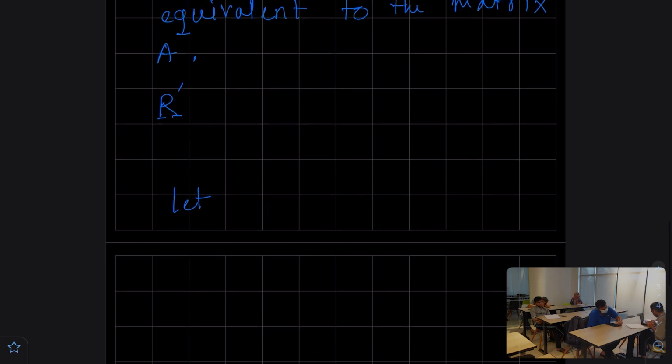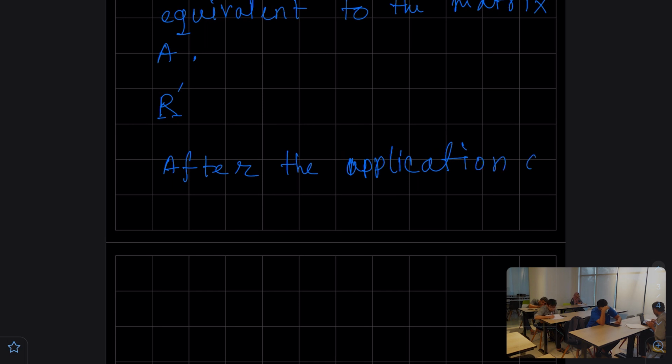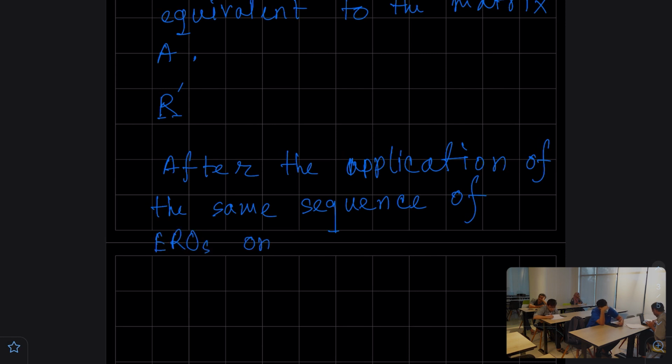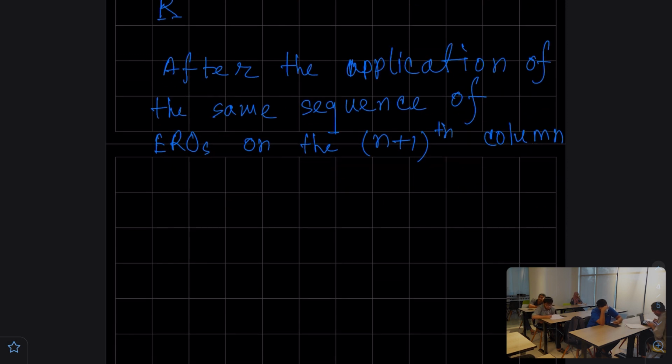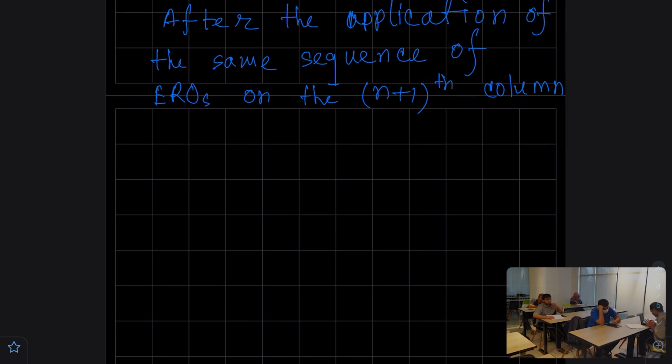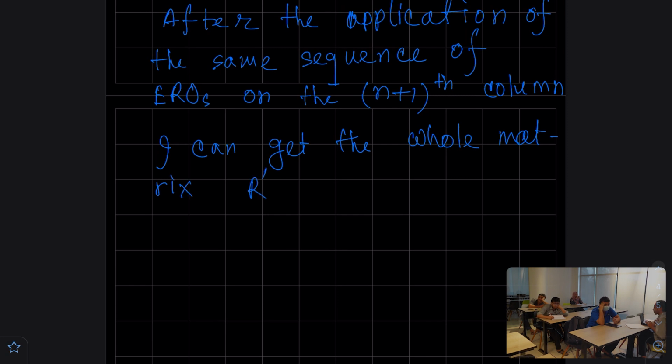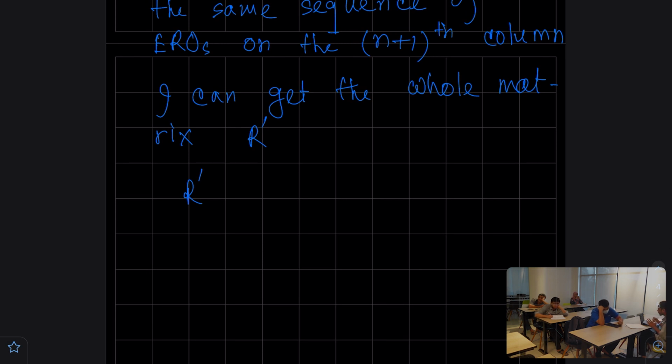After application of the same sequence of EROs on the n plus 1 column, I can get the whole matrix R prime, where the first n columns of R prime are the n columns of the matrix R, right?